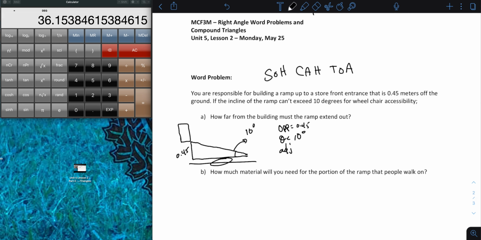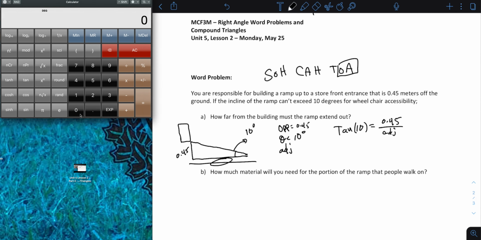Well, that sounds like opposite and adjacent is tangent, so I'm going to go tangent. Tangent of 10 degrees is equal to 0.45 opposite over adjacent. Adjacent's what I want to solve for. So I'm going to go 0.45. I want 10 degrees tangent.